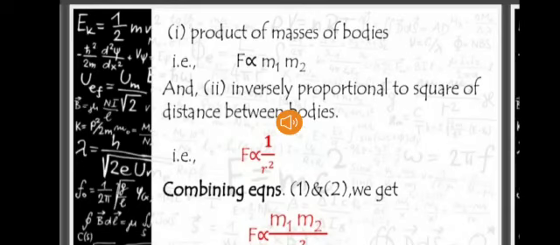If m1 and m2 are equal to 1 kilogram and r is equal to 1, then capital G, the universal gravitational constant, is equal to the force F. The SI unit of the universal gravitational constant is Newton meter square by kilogram square, and the value of capital G is 6.67 into 10 raised to the power minus 11 Newton meter square by kilogram square. This is the numerical value of capital G.